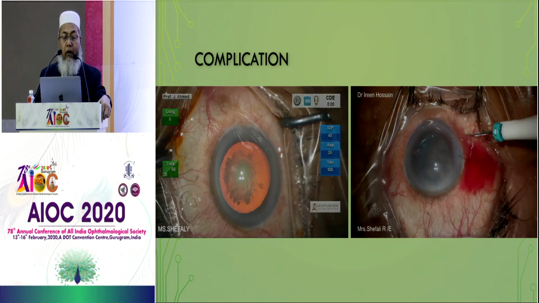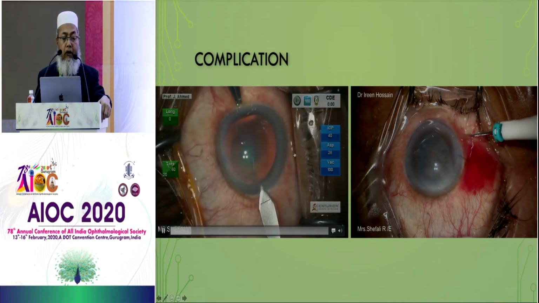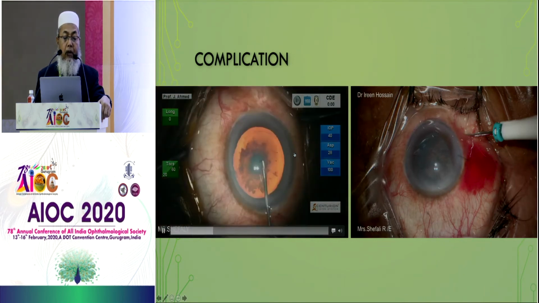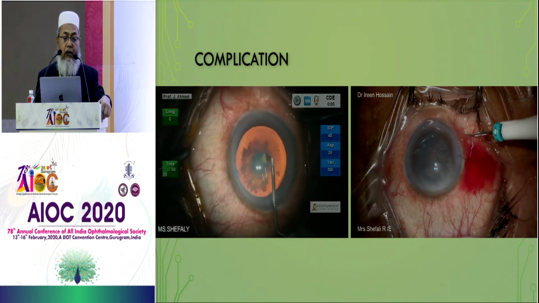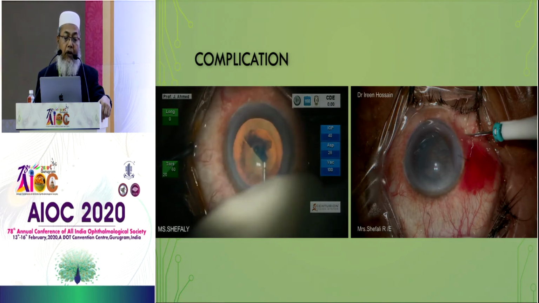And still there may be some complications. Here you can see a dreadful complication where the phaco is started in a normal way, and the cataract is not so hard, but there is sclerosis in the frontal part.